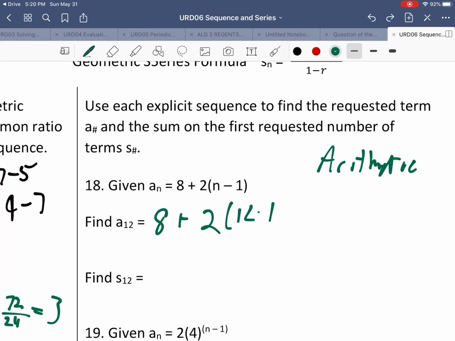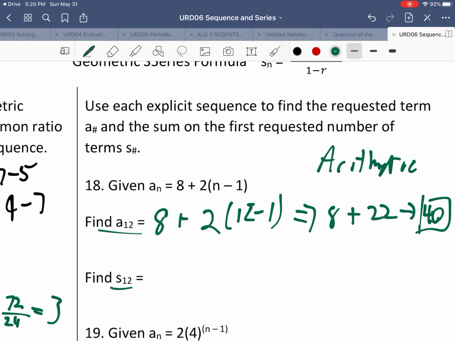So 8 plus 2 times 12 minus 1, which is just another way of saying add 2 eleven times. We're going to get 8 plus 22, which is 40. So the 12th term is 40.